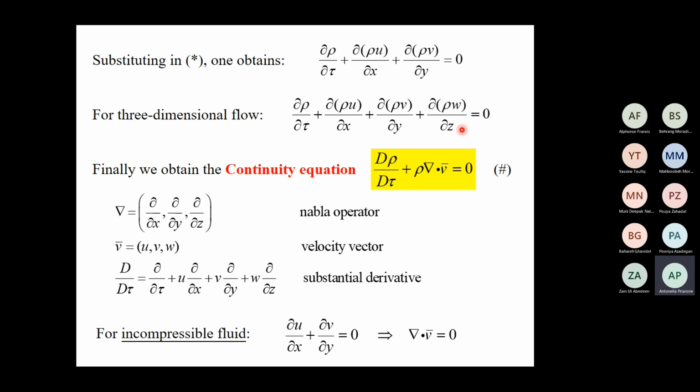You can rearrange this equation because we want to write it in a more compact way and in the best manner from a mathematical point of view. If you do the derivative of rho and u, here you have a product of rho and u. This derivative is equal to rho by the derivative of u in x plus u by the derivative of rho in x.